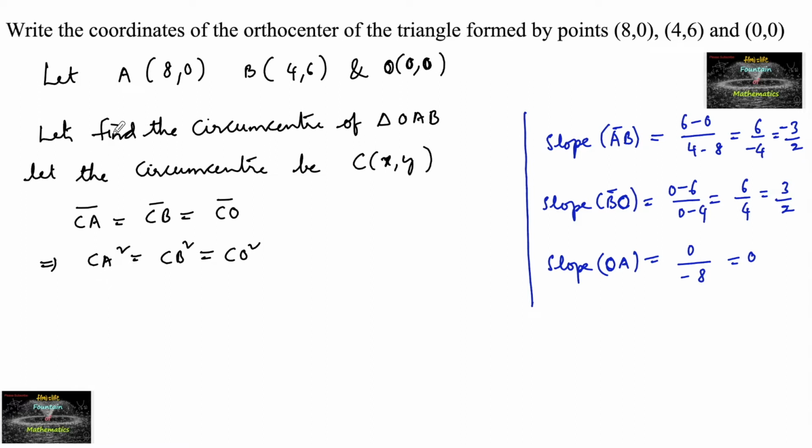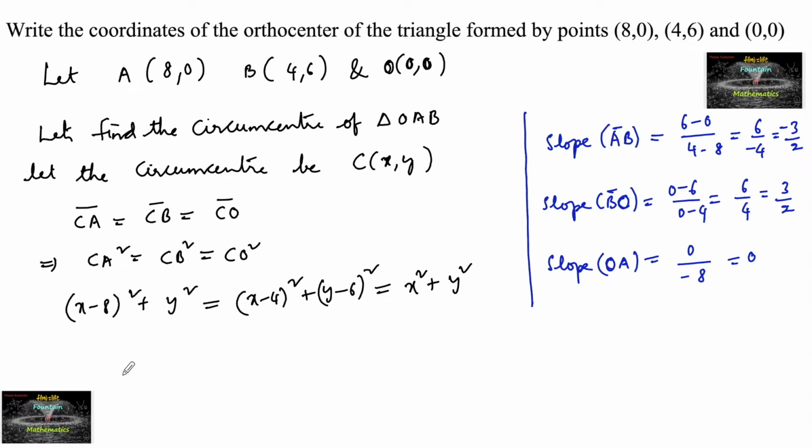Then by using the distance formula, CA square is nothing but (x minus 8) whole square plus (y minus 0) whole square, and CB square is (x minus 4) whole square plus (y minus 6) whole square, which is equal to CO square, which is (x minus 0) square plus (y minus 0) square.